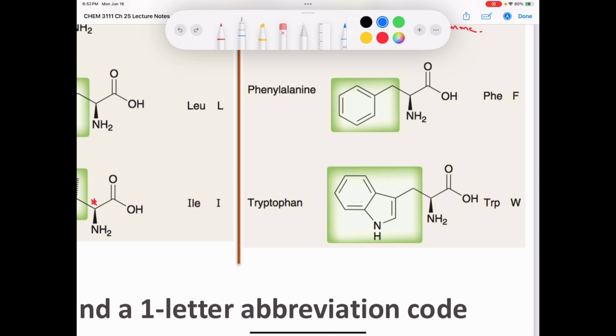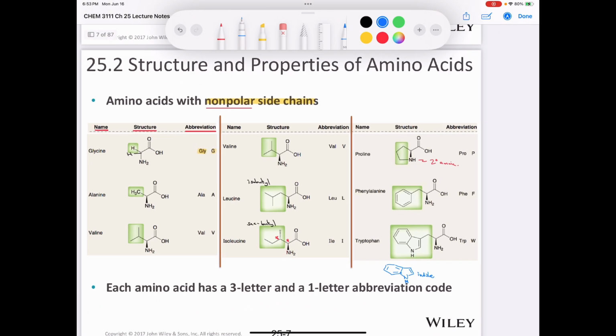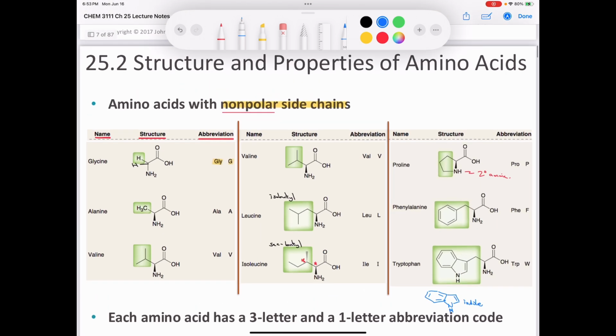So tryptophan does have a nonpolar side chain. I should also point out that this system is actually called indole. So you could say it's an indole side chain. Sorry, not the best handwriting there. But anyhow, if you want to memorize indole, you might find that helpful.